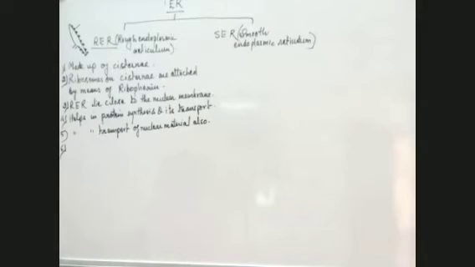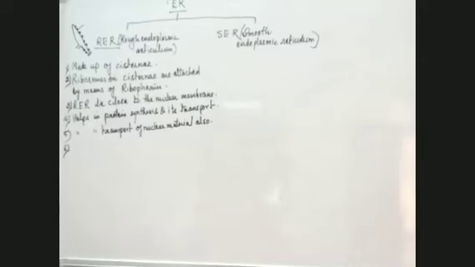Fibroblasts are the special cells which form two types of proteins. We did this in tissue, areolar tissue. Fibroblasts are the cells which synthesize special types of proteins, collagen and elastin.